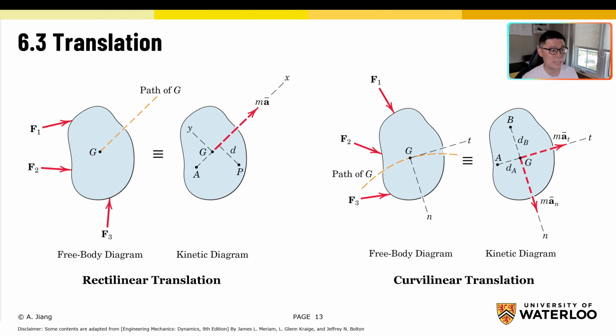So XY or NT, those are the two most common ones. Looking at the right-hand side here, the same three forces are applied on the object. Due to the curved path, using the NT system would probably be more straightforward and easier to solve because it's on a curve.